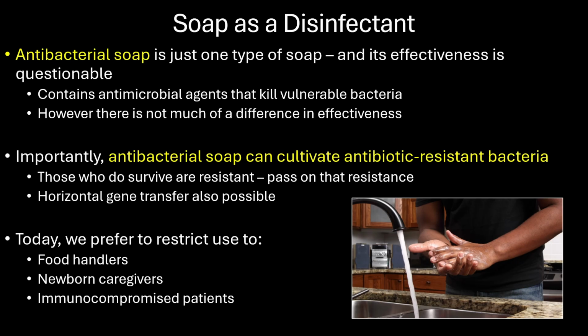So today, we really prefer to restrict the use of antibacterial soap to food handlers, newborn caregivers, and immunocompromised patients, because those are the situations where that stuff is really useful, having that extra little edge, however little it may be. But people going about their everyday lives who are not necessarily in those fields or specific situations probably don't require that kind of killing power.